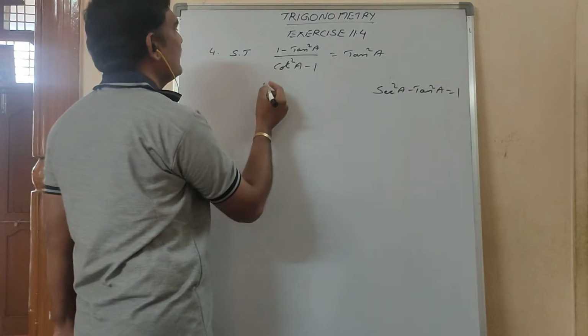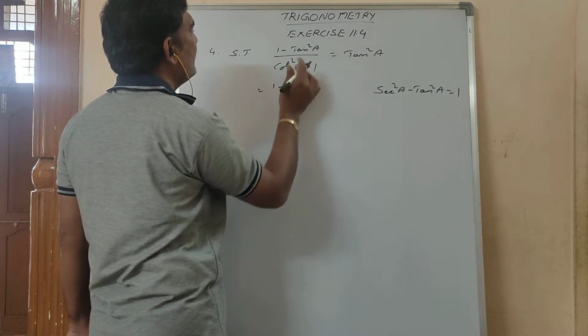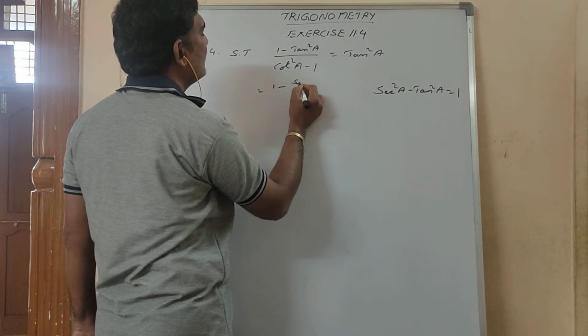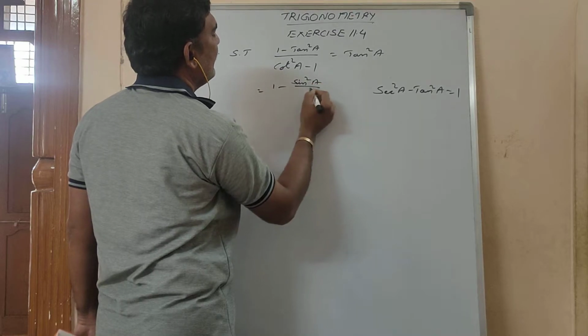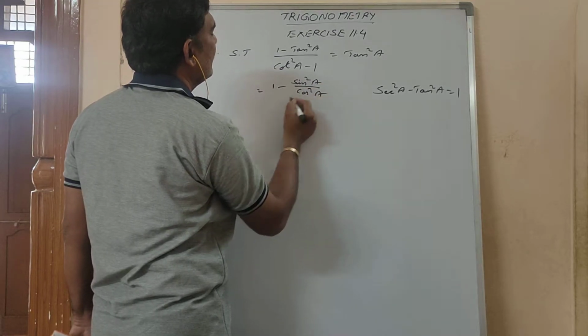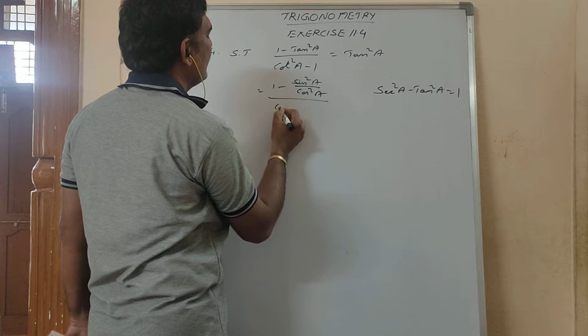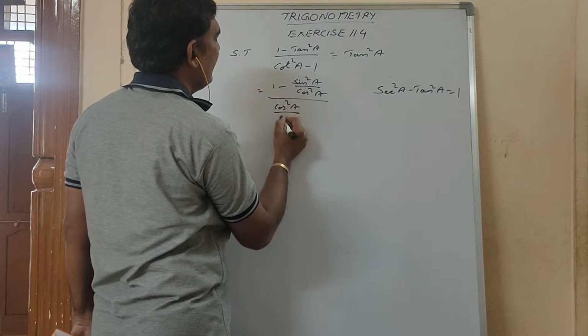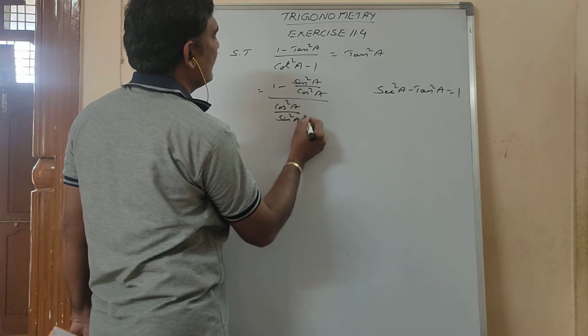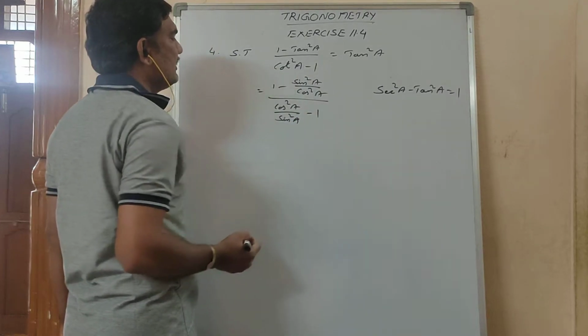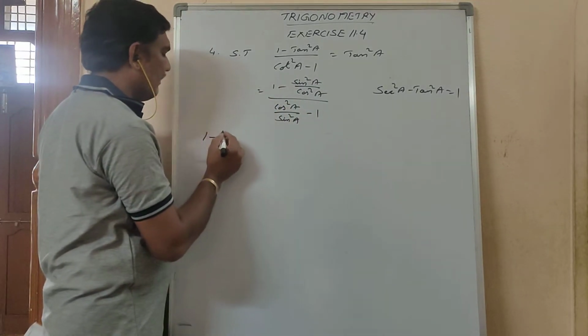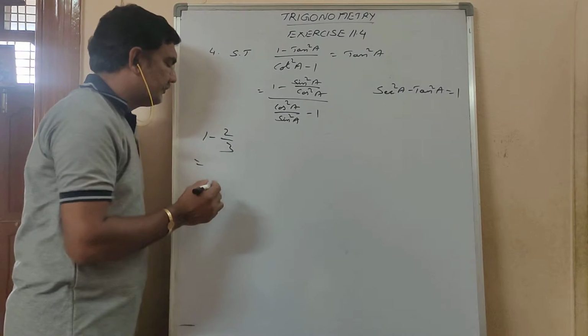So first, 1 minus tan square a, you can write as 1 minus sin square a by cos square a. And here cot square a you can write as cos square a by sin square a, minus 1 as it is. This is like 1 minus 2 by 3.